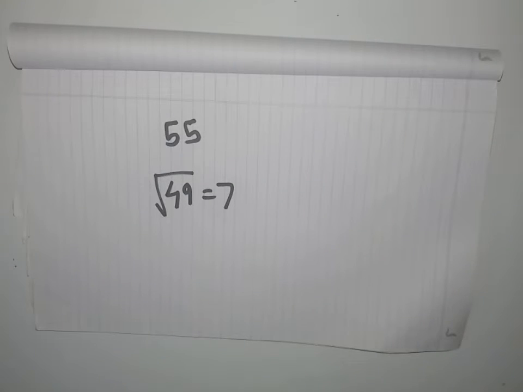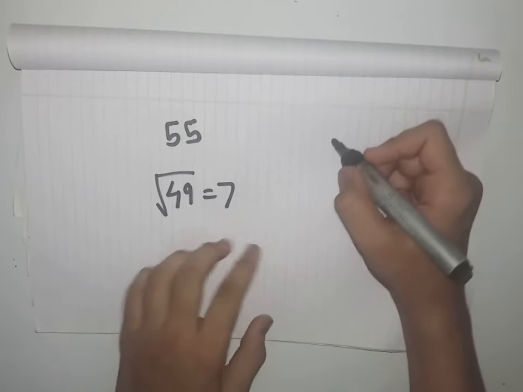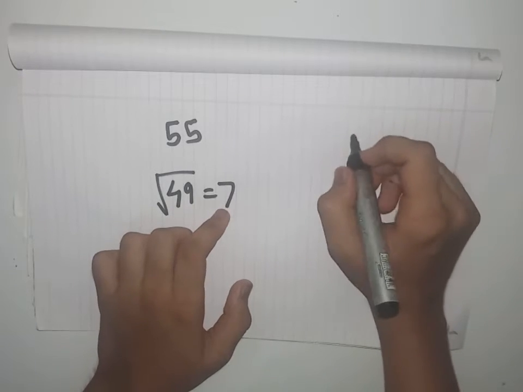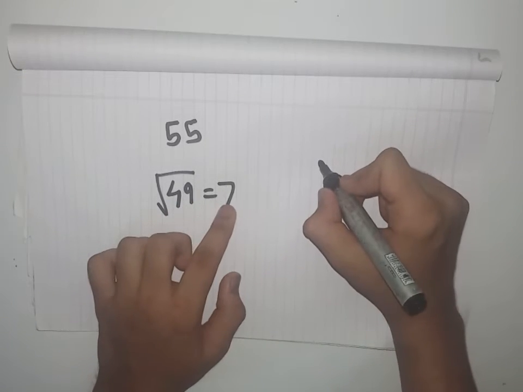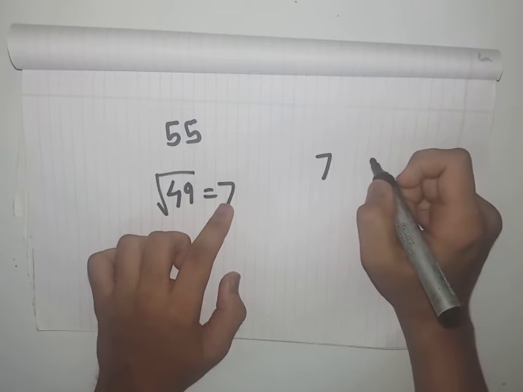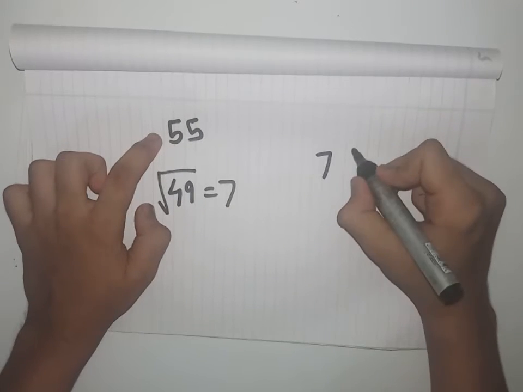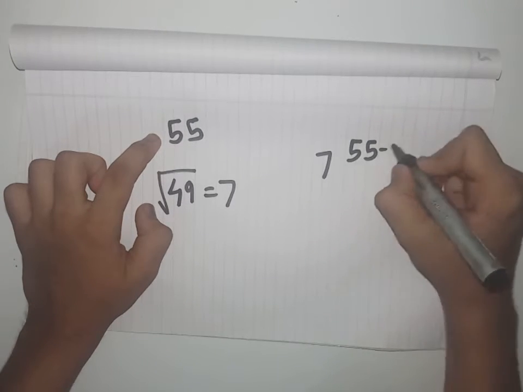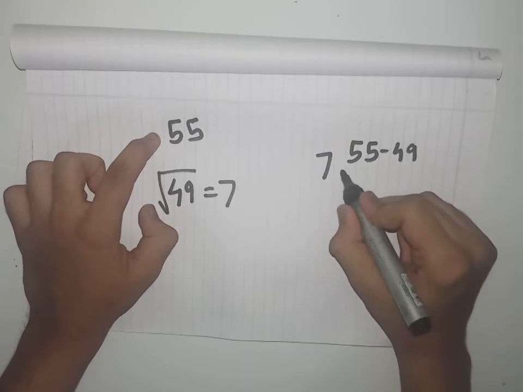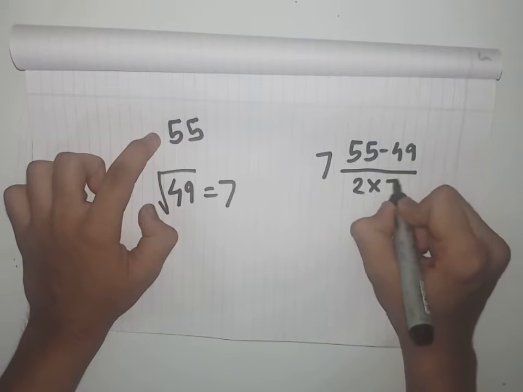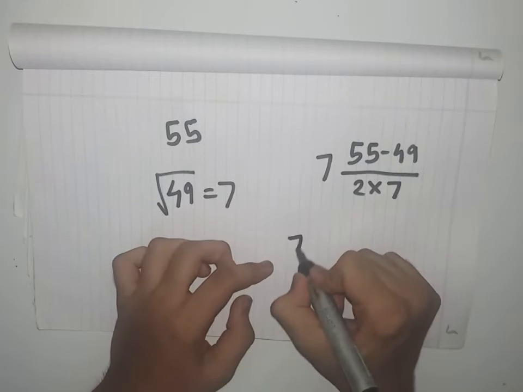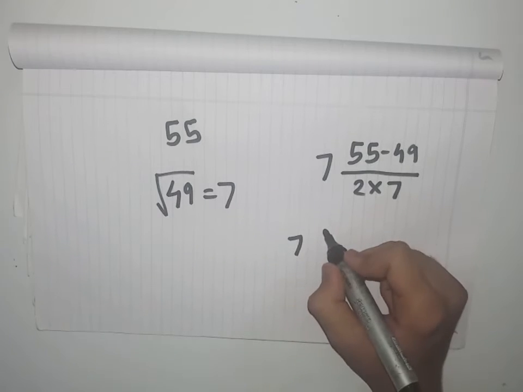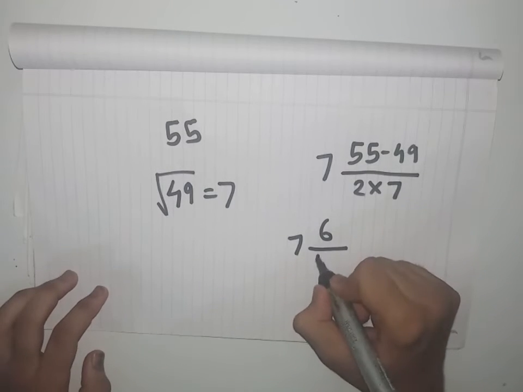And now we'll form our mixed fraction. The mixed fraction's whole number part would be the square root of 49, which is 7. Its numerator would be 55 minus 49. Its denominator would be 2 times 7. So this comes out to be 7, 6 upon 14.